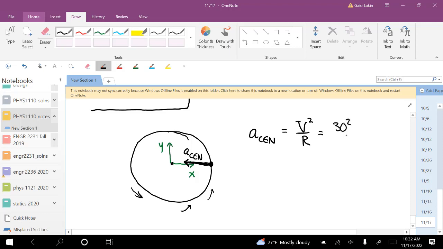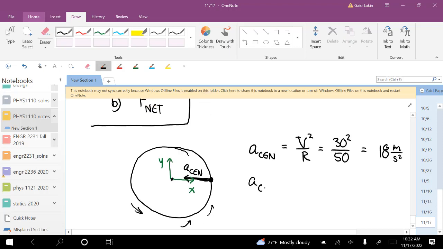So that's 30 squared divided by 50, or 18 meters per second squared. That's the magnitude, but we need to put that into a vector. So notice that that is pointing in the negative x direction. So the centripetal acceleration vector is negative 18, 0.